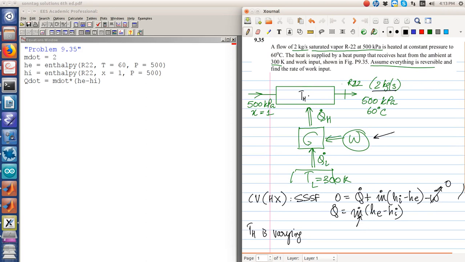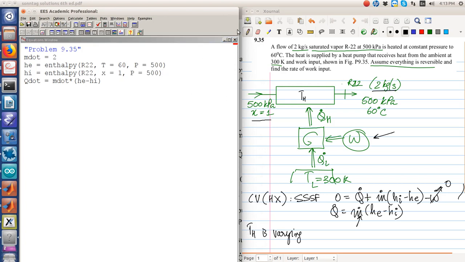If the TH was fixed, then I can simply relate QH and TH and QL and TL and then find out the work done. However, if TH is varying, I do not know how. So to know how the TH is varying, let us quickly see what the inlet temperature is.